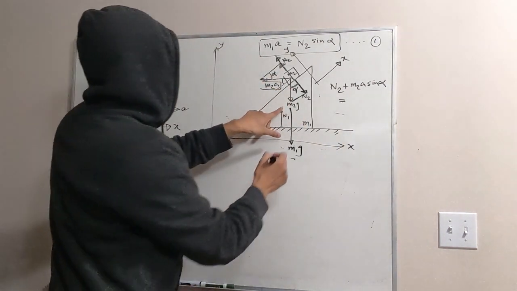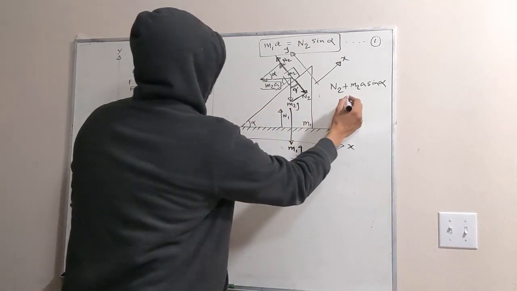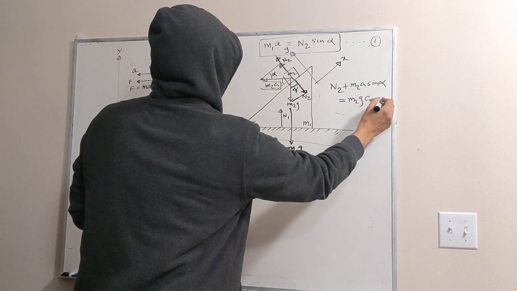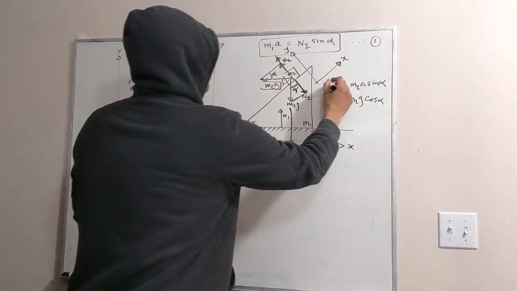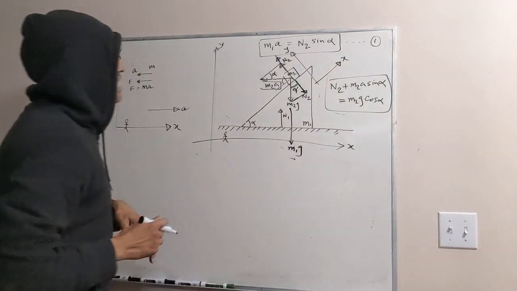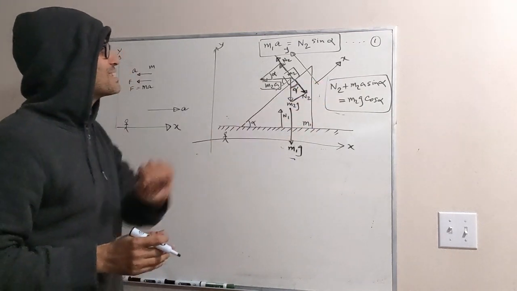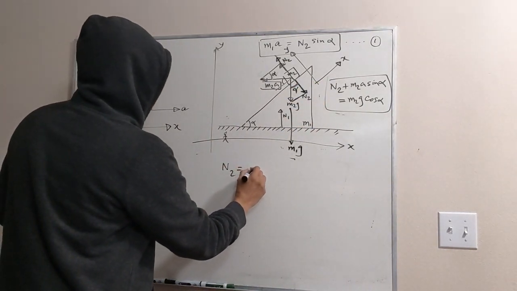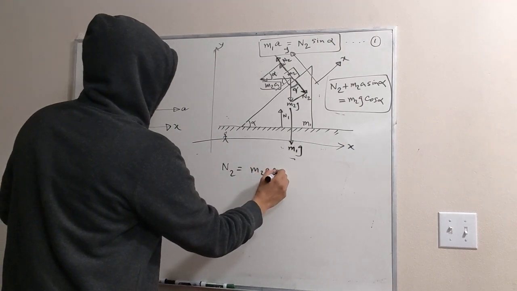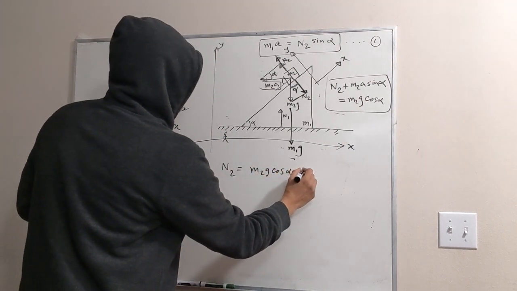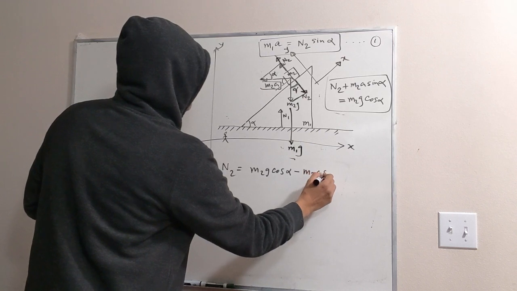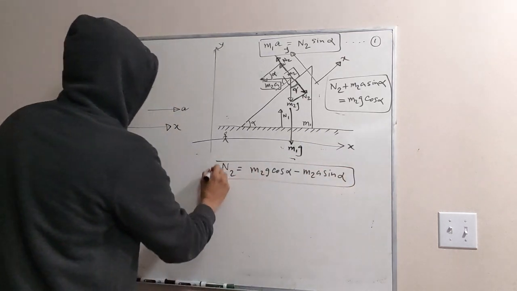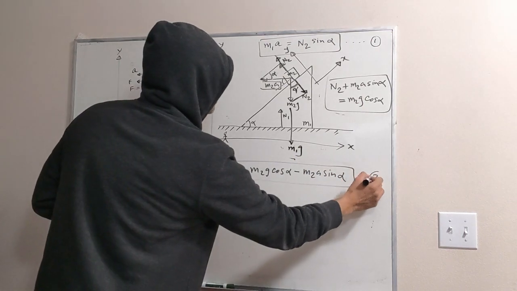In negative y direction, the force is basically the component of this M2G, so M2G cos alpha. So you get this equation, right? Now from this equation, what can you say? You can say N2 is equal to M2G cos alpha minus M2A sin alpha, right? So you got your equation number 2.